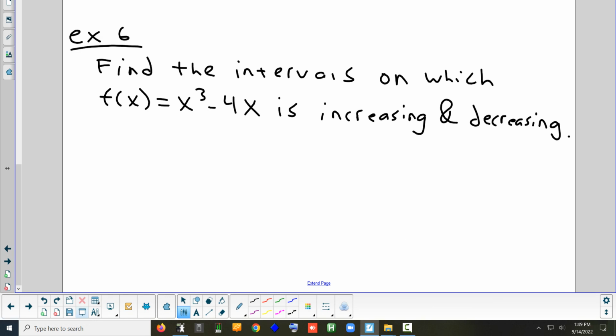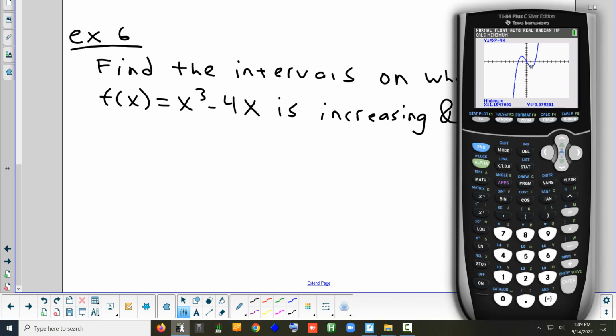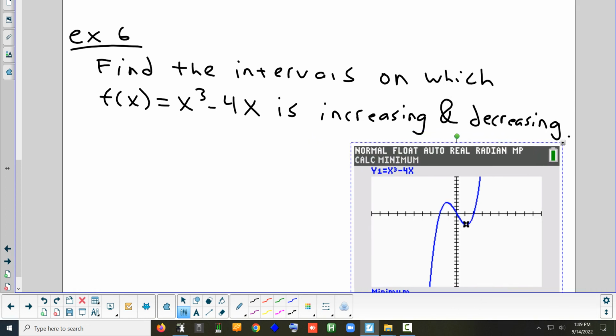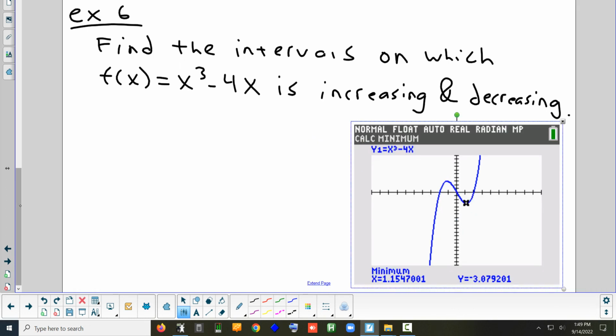So find the interval on which this graph is increasing and decreasing. Since this one is symmetrical, I already know the other one. This point right here is going to be negative 1.15, comma, negative 3.08.